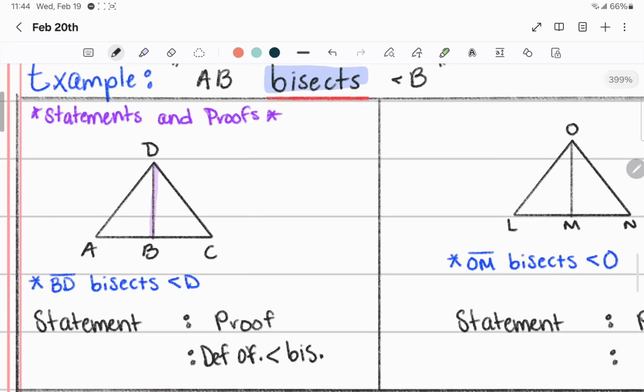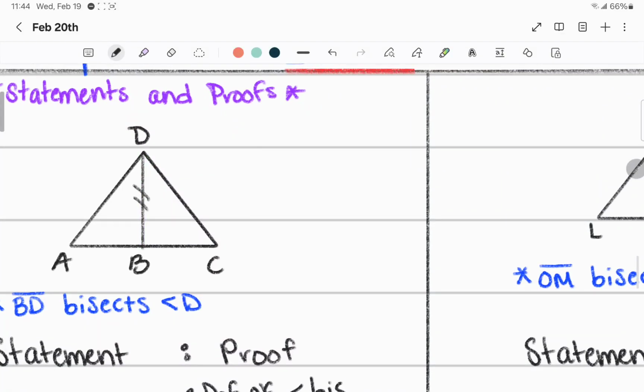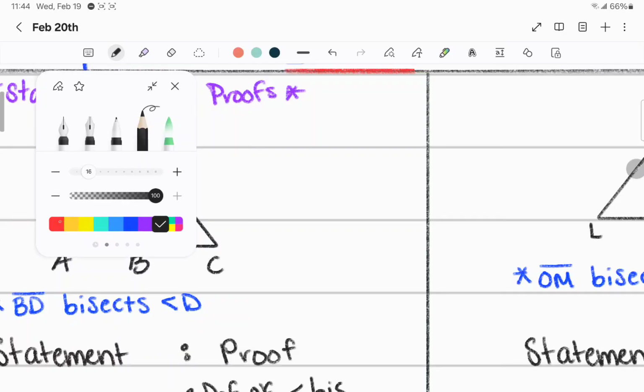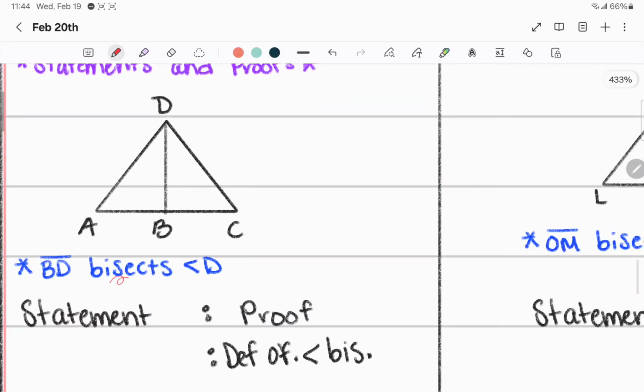For the marking, just to give you the side note, this is reflexive here, but we're not talking about reflexive. This is a bisector. So for the marking, the letter that's being bisected is D. You want to put an arc through it like that.